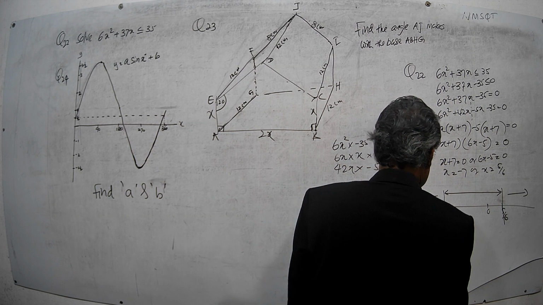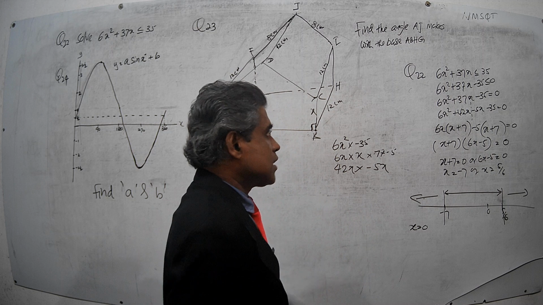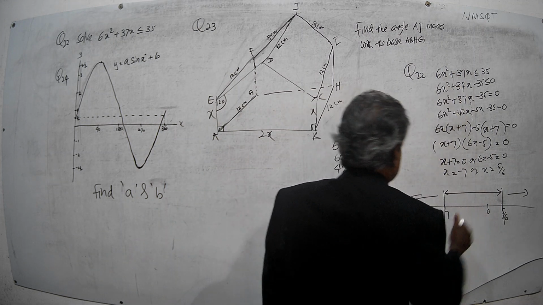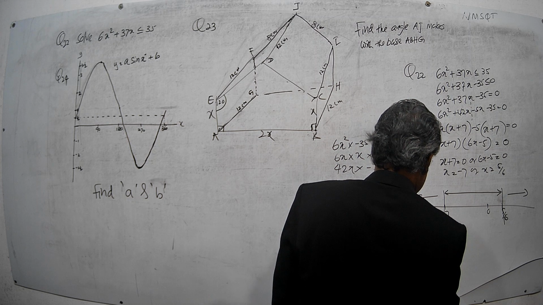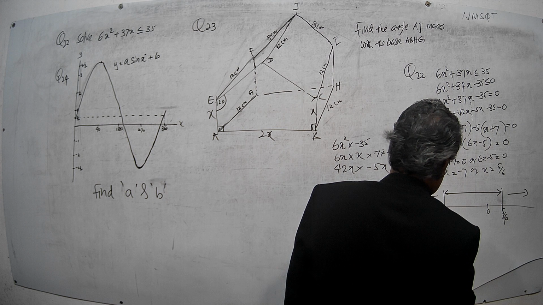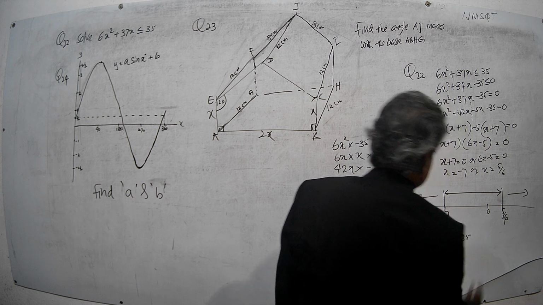Then x equals 0. Test by substituting that into the inequality, so that we see whether the inequality is true. 6x squared plus 37x less than or equals 35.